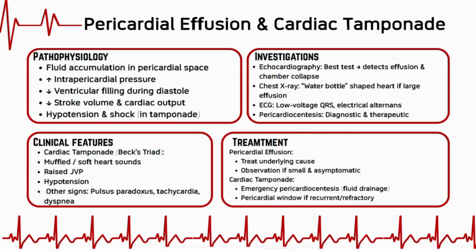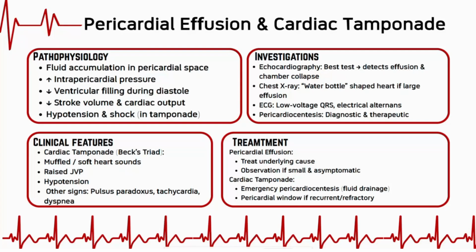Now, I just want to speak about pericardial effusions and cardiac tamponades. An effusion is a buildup of fluid within the pericardial space. What happens is that the buildup of fluid will increase the intrapericardial pressure, and therefore it reduces ventricular filling during diastole.